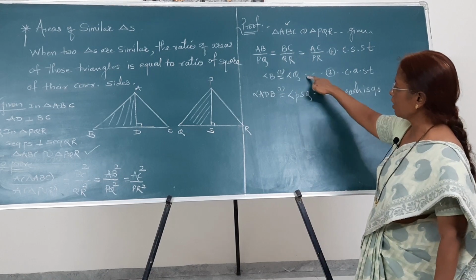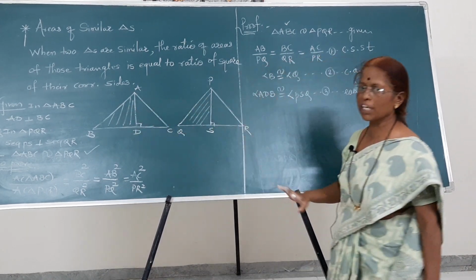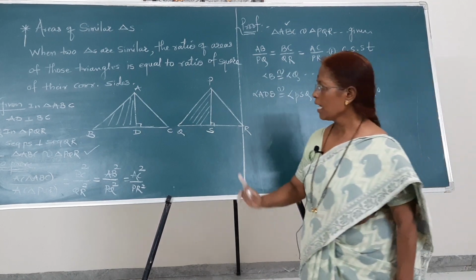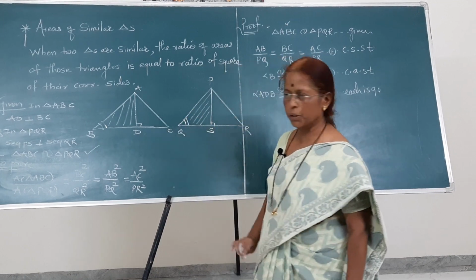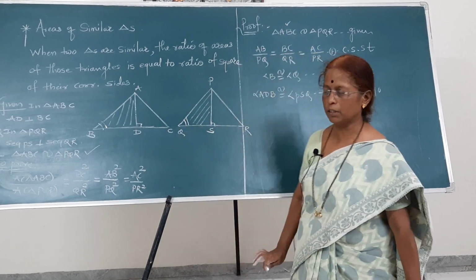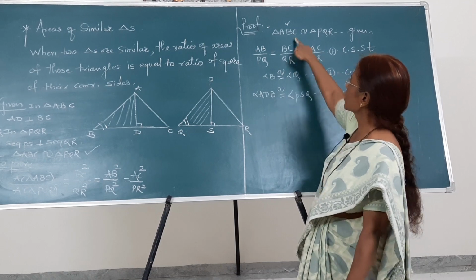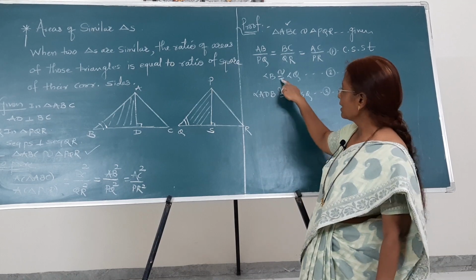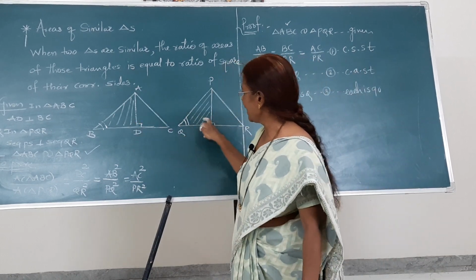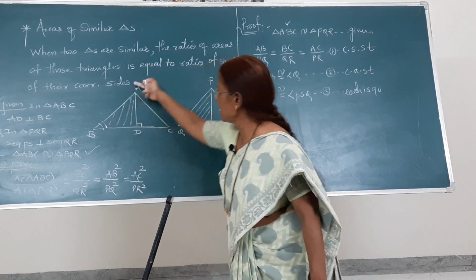As these two equations tell us that these two triangles are similar to each other by AA test of similarity, because B is congruent to Q, like this we already proved. Why are they congruent? Because they are the corresponding angles of these two big similar triangles. And one more thing, this 90, 90, both are equal.